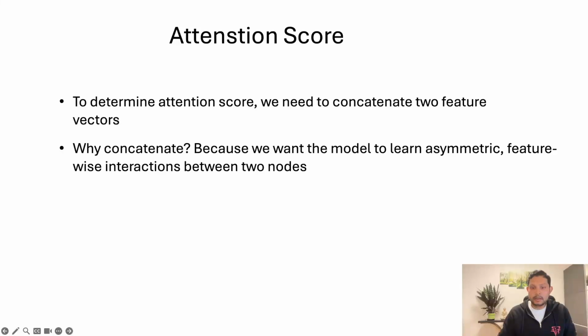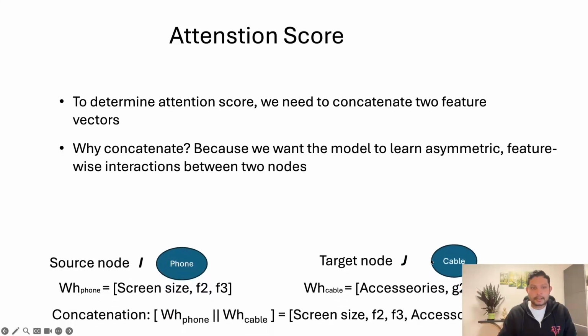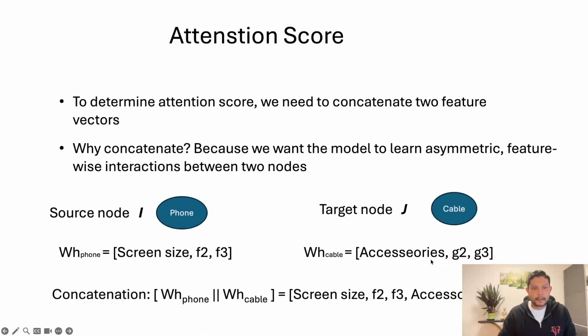So if our source node is phone and the target node is cable, then after concatenation it becomes like this. Okay, so you notice here WH of phone and WH of cable are the features from our initial data.